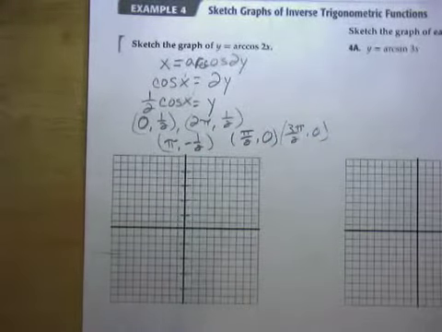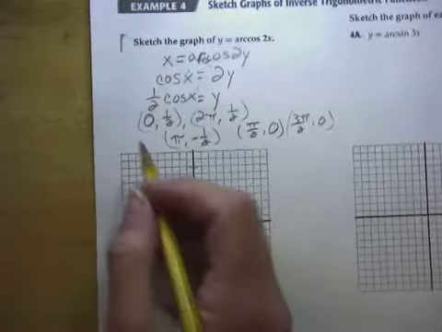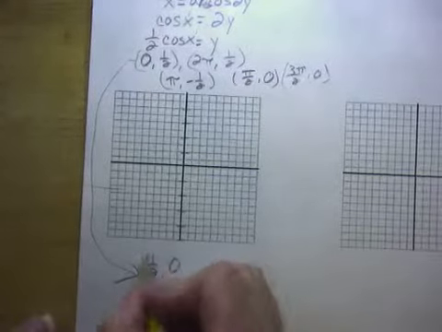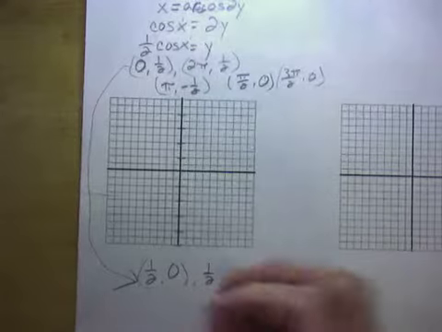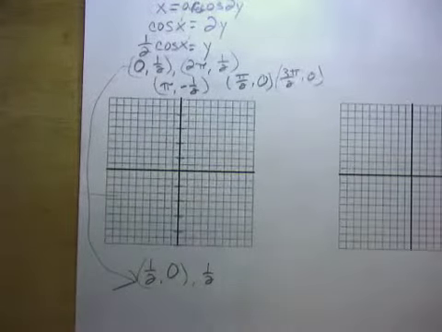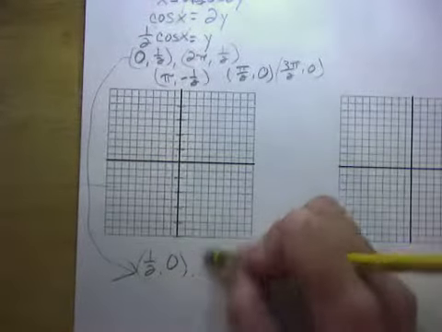Now I know that the inverse of a graph switches the x and y coordinates around. So let's switch these around. I end up with 1/2, 0. 1/2, 2 pi is outside of our accepted domain.